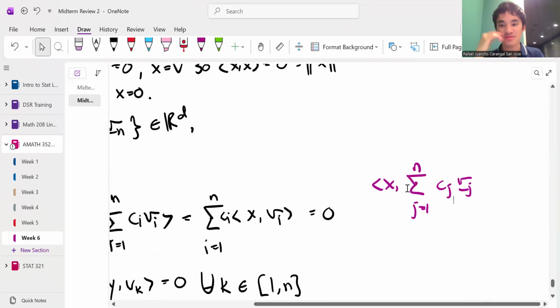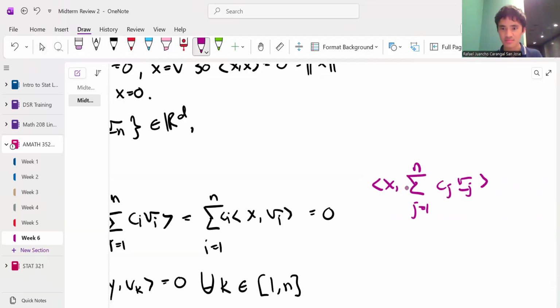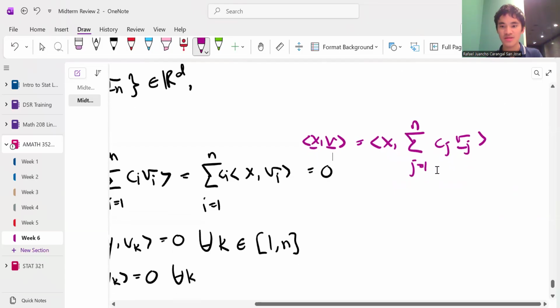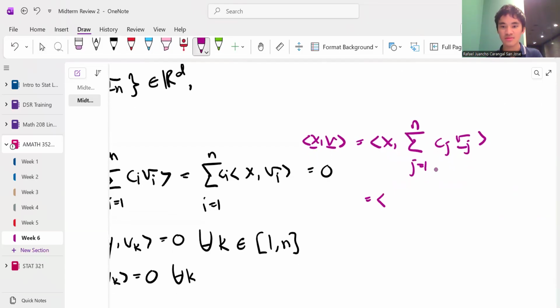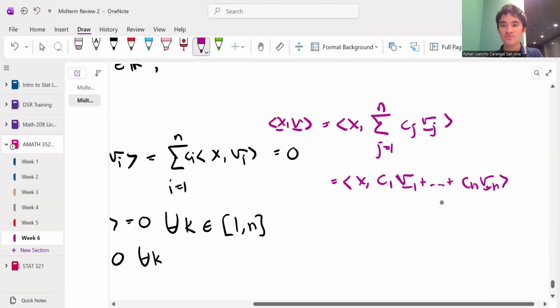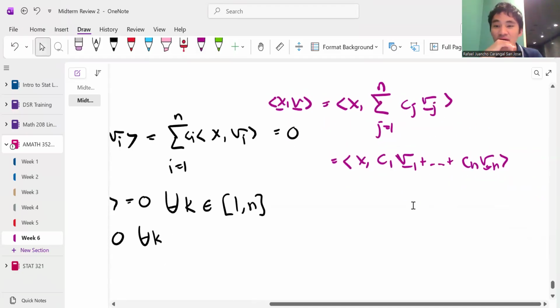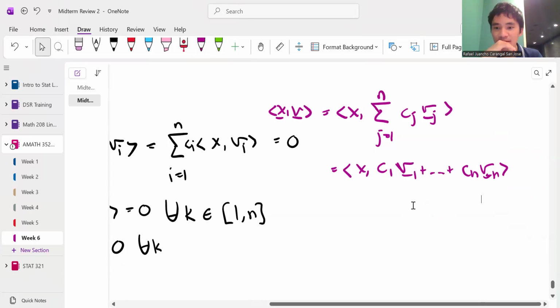These are referring to vectors, right? So we know this is true from x and v. Now how can we prove this? Well, we can say this is the same thing as x dotted with c1 v1 plus all the way to cn vn. And then what can we say about this idea?